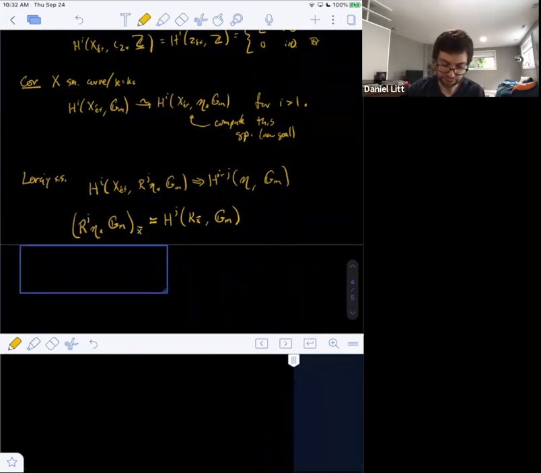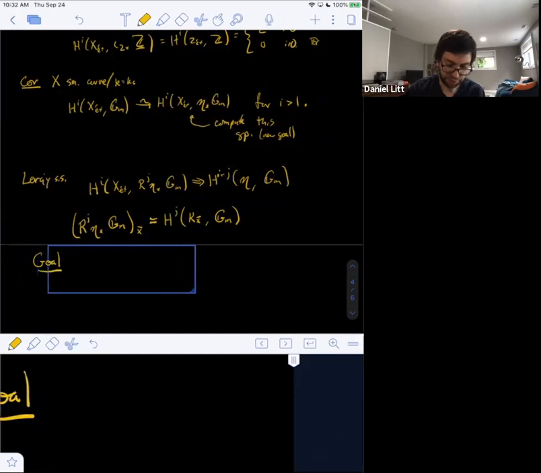Okay, so now our goal is twofold. We want to understand these groups. I claim that we win if we can prove the following theorem.